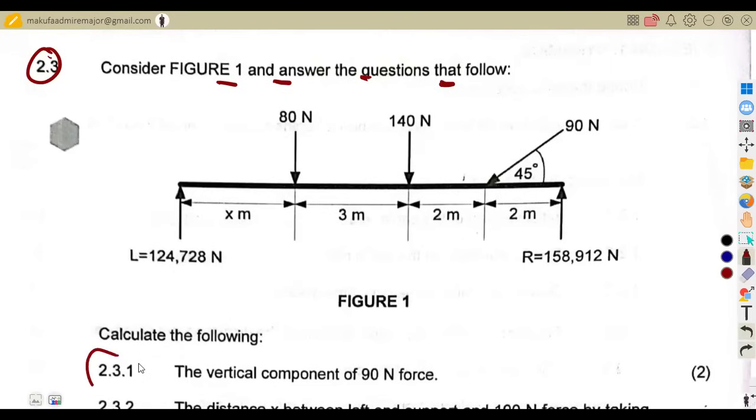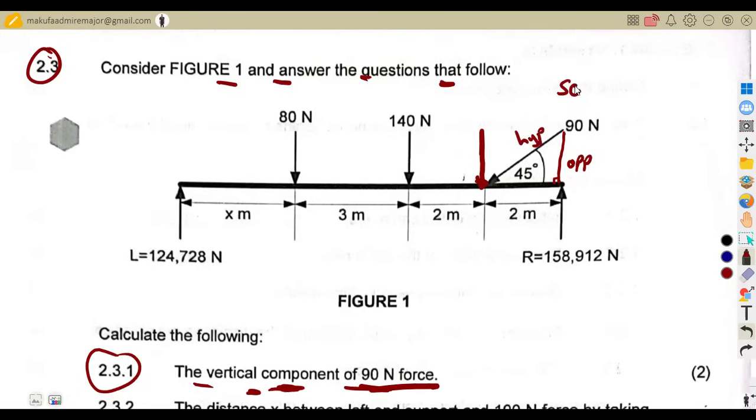So the question on 2.21 was: calculate the following, the vertical component of the 90 Newton force. We are supposed to present this as a vertical component. So how do we take the vertical component? We simply apply the opposite and hypotenuse concept.